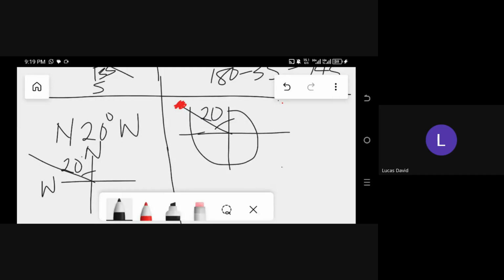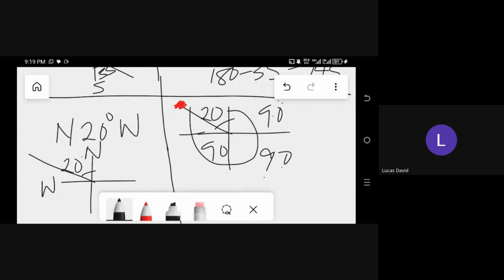In the first quadrant, I have 90. In the second quadrant, I have another 90. That's 180. In the third quadrant, I have 270. That is 90 here, 90 here, 90 here.